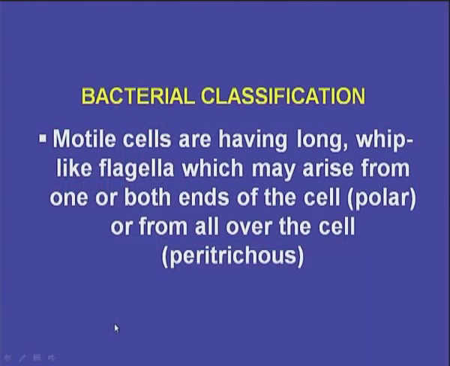The motile cells have long whip-like flagella which may arise from one or both ends of the cell, known as polar, or from all over the cell, known as peritrichous. By the nature of this bacterial phyla, we can identify those types of bacteria.